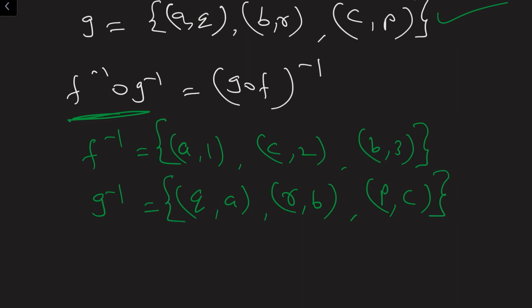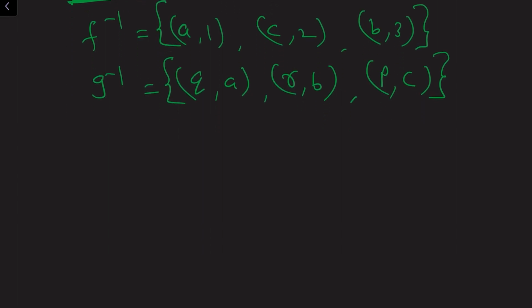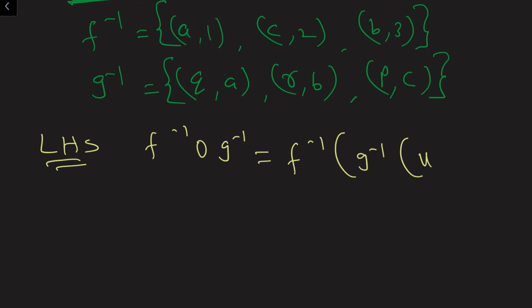This is g inverse. Now according to the LHS we need to find f inverse of g inverse, which can also be written as f inverse of g inverse of x. In both f inverse and g inverse, a is there, so I will remove that a element and write the remaining.